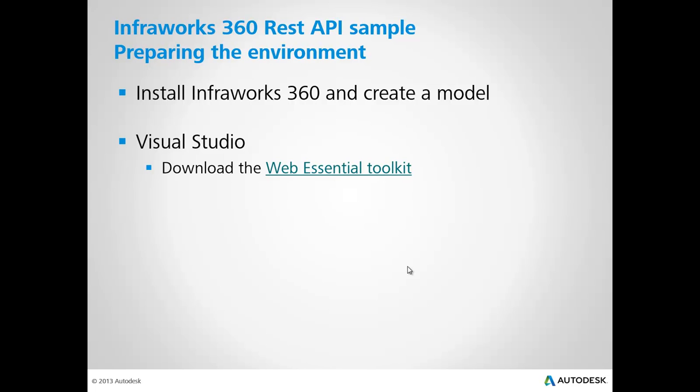In this case, I prefer to use Visual Studio because I use that to create applications for Autodesk products with .NET, and I'm also using that to create an ASP.NET API application. One good suggestion to work with ASP.NET is to install the Web Essentials toolkit, which is available for Visual Studio and allows you to work better with web languages.